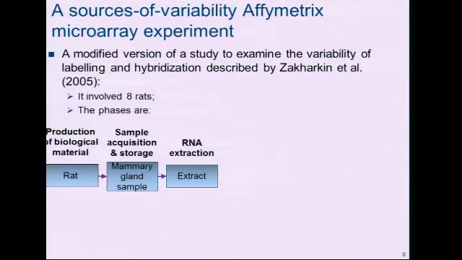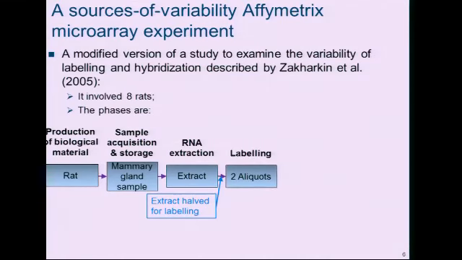They then extracted RNA from that sample to end up with an extract. Then they took the extract and halved it for labelling. So each extract was halved, and when they came to do the labelling, they had 2 aliquots that they produced as a result of the labelling of the half extracts. Then they divided each aliquot again in halves for hybridising.